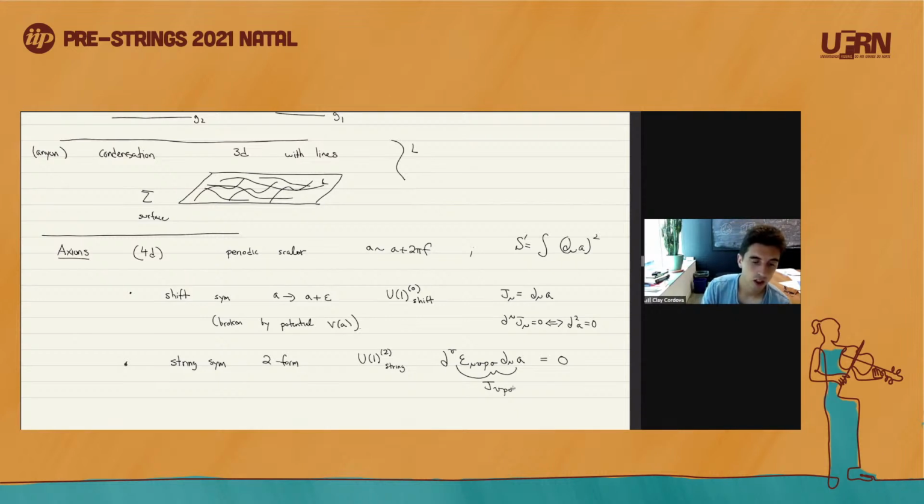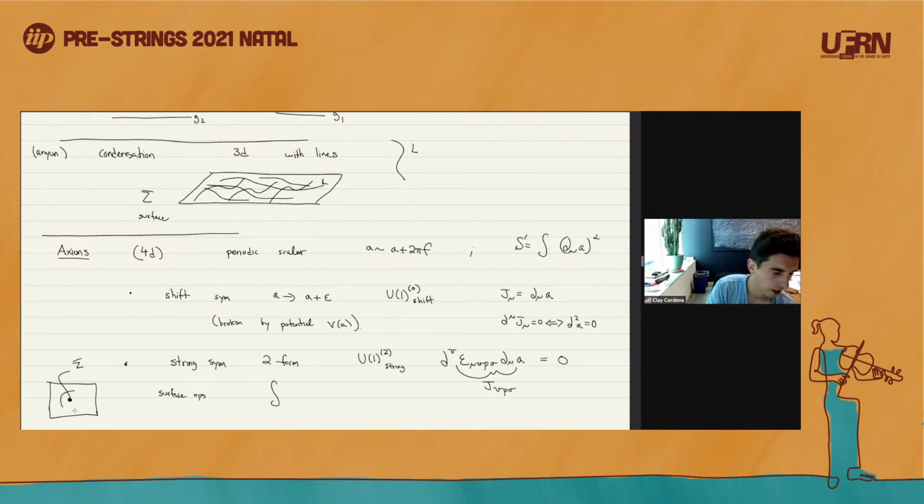And what are the charged things? It's a 2-form symmetry, so the charged things should be surface operators. So what are the surface operators? Let's draw a picture. So here's the surface, let's call it sigma.